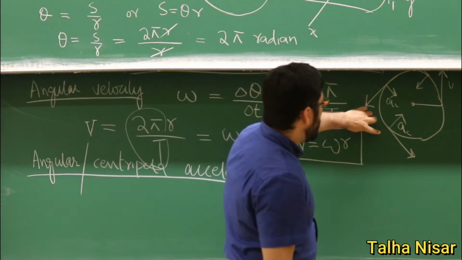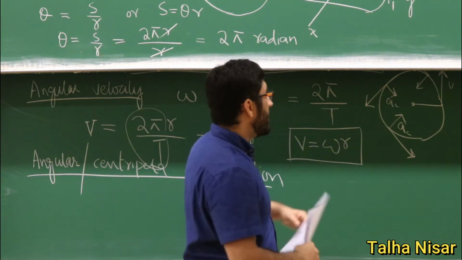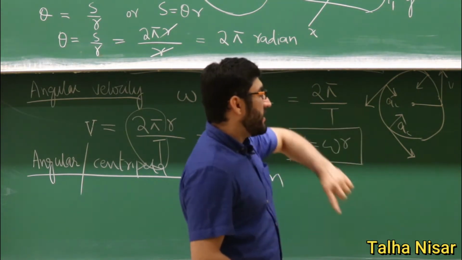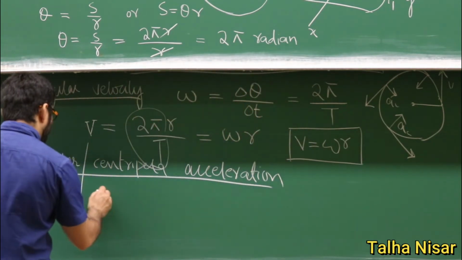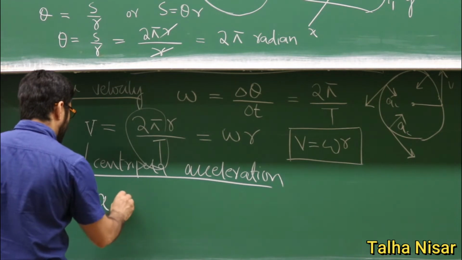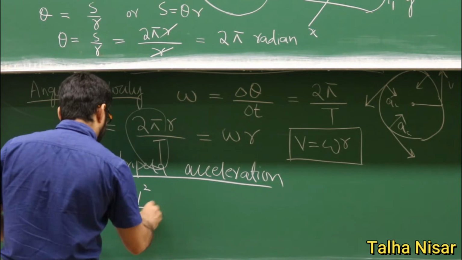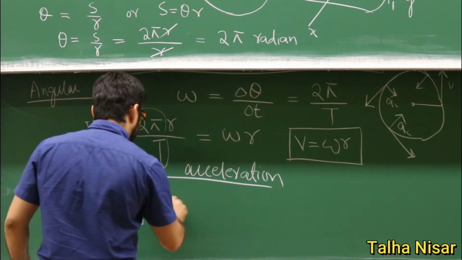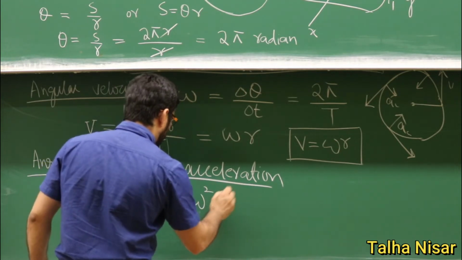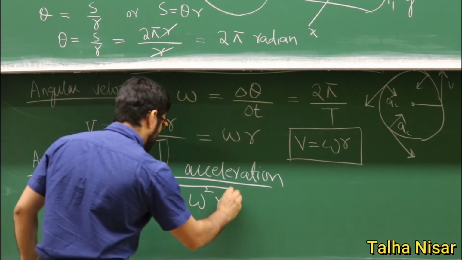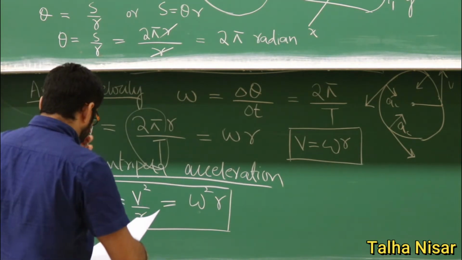Centripetal acceleration is that acceleration that causes this change in velocity to keep the object in a circular path. It is given by v squared divided by r, and in terms of omega, the angular velocity, it's given like this.